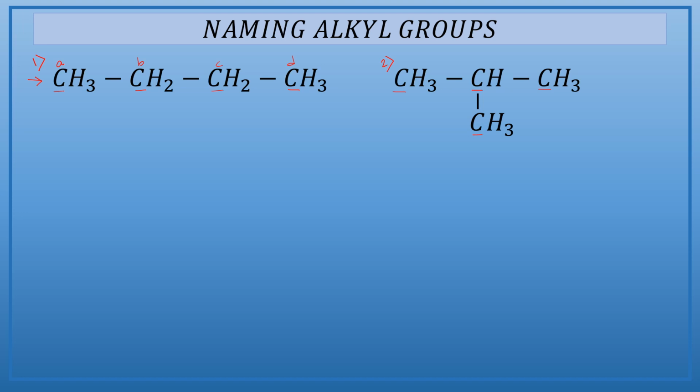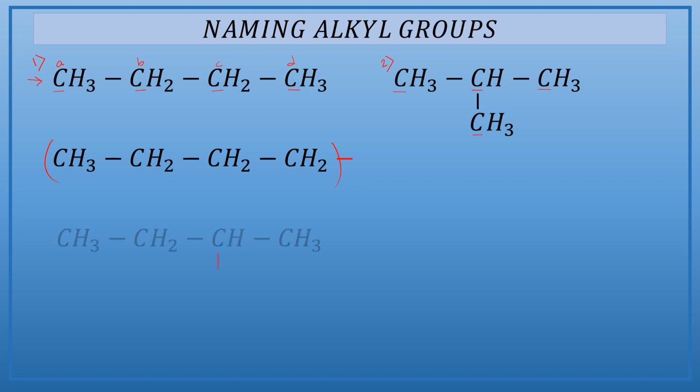Removing a hydrogen atom from either carbon A or D is going to give us the same structure, and removing a hydrogen atom from B or C is going to give us again the same structure. However, both these structures are different between them.